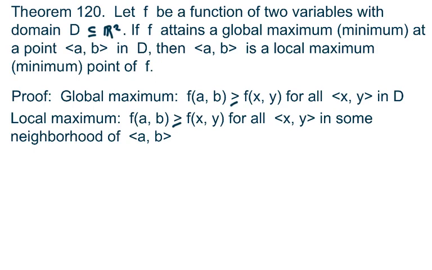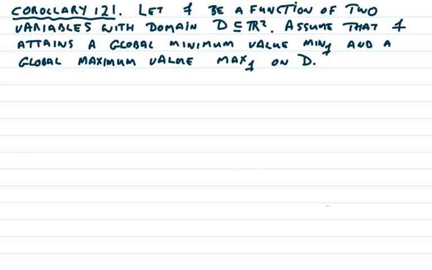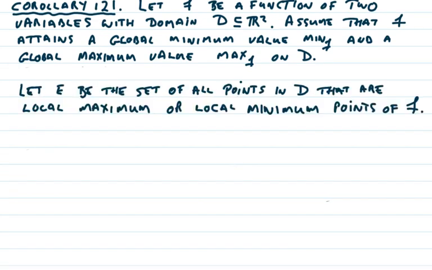Here is an important corollary to Theorem 120. Corollary 121. Let f be a function of two variables with domain D, and assume that f attains a global minimum value on D, denoted by min subscript f, and f attains a global maximum value on D, denoted by max subscript f.